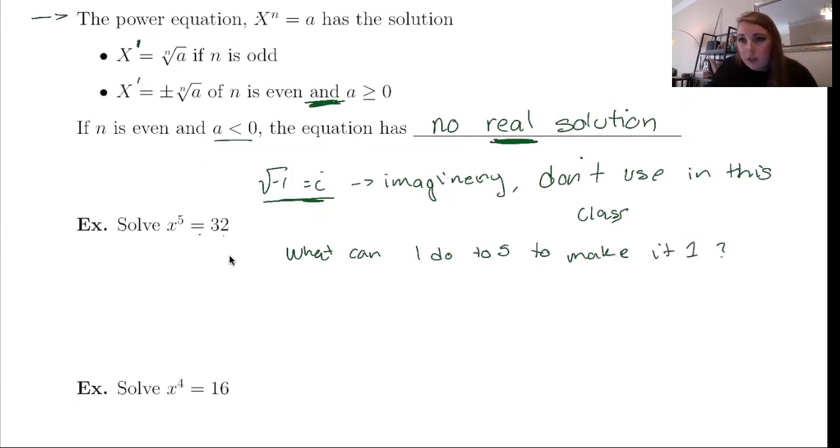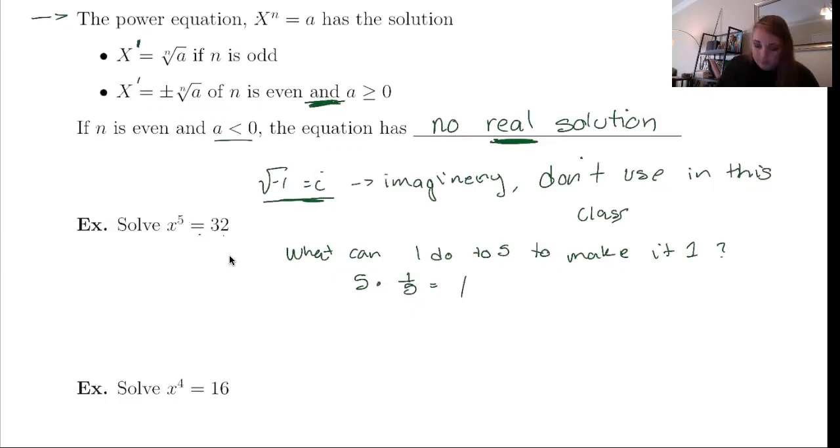Well, I can multiply it by its reciprocal, right? So if I do 5 times 1/5, that just equals 1. Well, 5 is up in the exponent place. I usually call these the clouds.